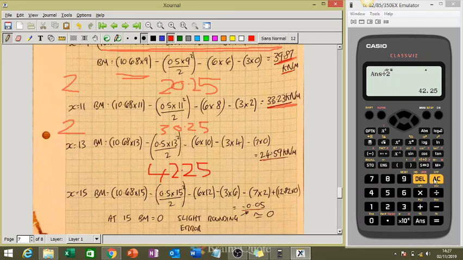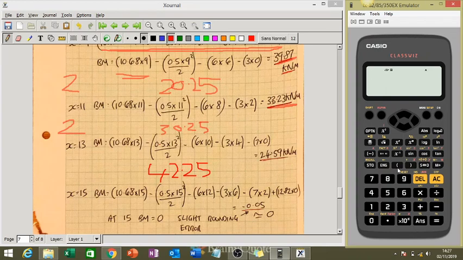Right, I'm just going slowly. 10.68 divided by 13, because you don't want to make a mistake in the calculator, because this is all correct. You just don't want to put it in incorrectly. Take away 42.25. Take away 6 times 10, 60. Take away 3 times by 4, 12.